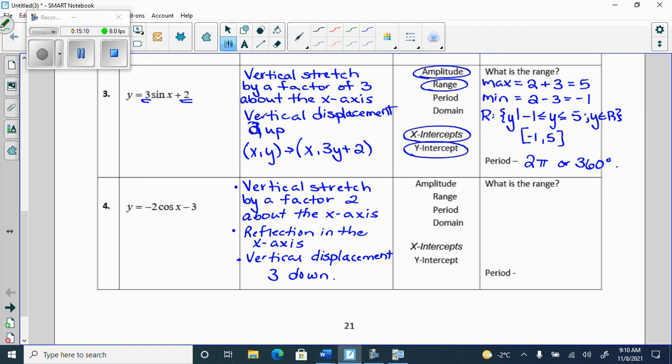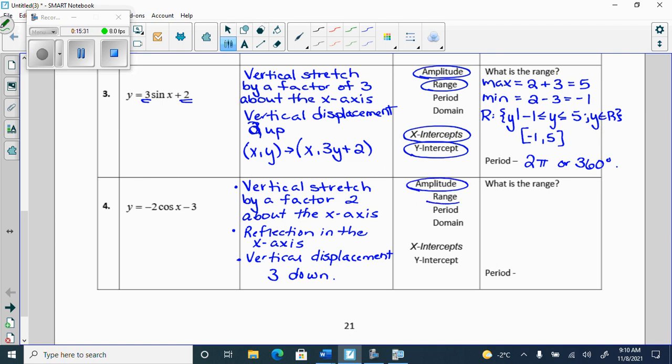And so what we're going to do is we're going to stretch it taller. It's going to flip, but that just means that the maxes will become mins and the mins will become maxes. So it doesn't change your height or anything, right? It just changes the look of the graph. It doesn't change any of the other things. And then it's moved 3 down. So did my amplitude change?